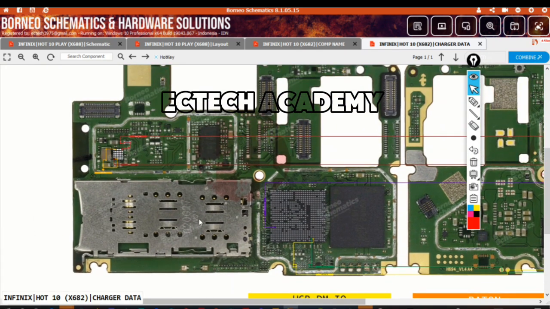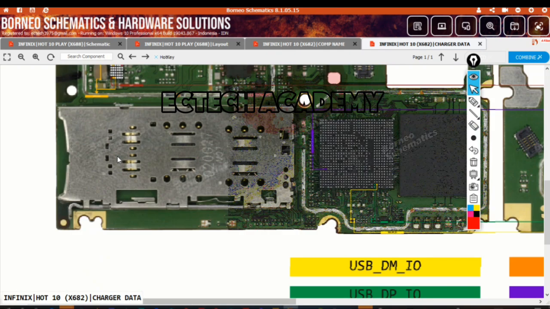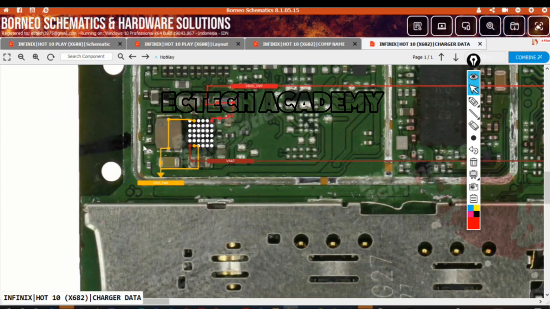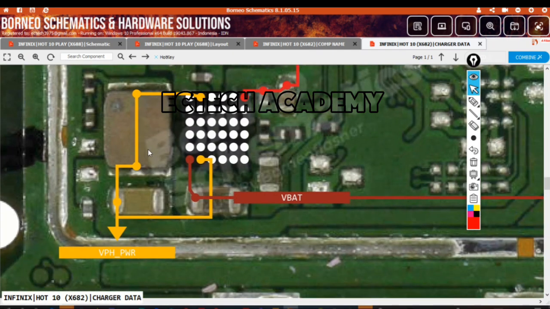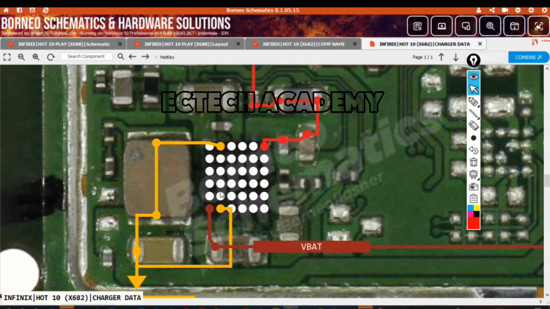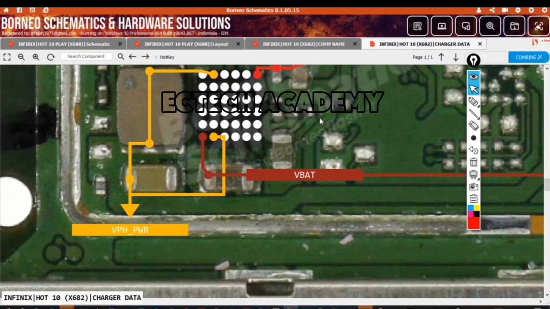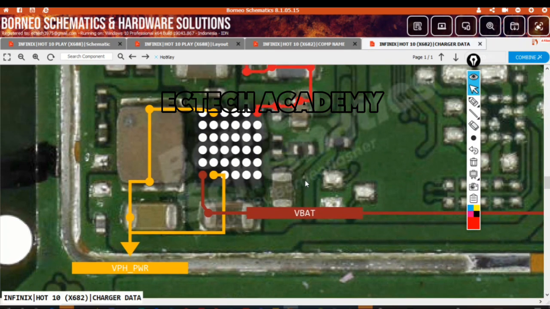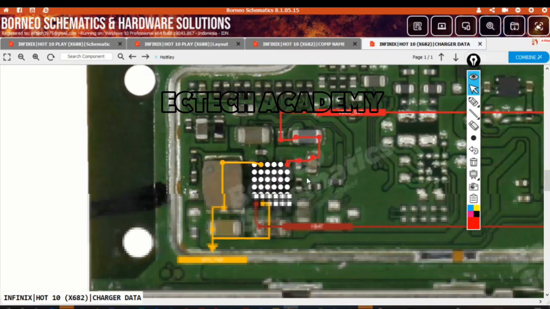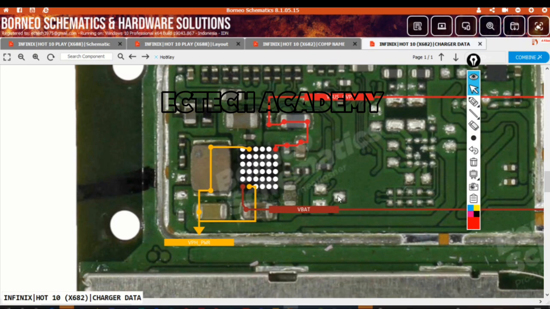Okay, vbat, you are finding a vbat, you are finding the vbus. So that's how to trace. Okay, all right, so in pro level tracing, with the one you learn on the EasyTech channel now as a basic level for tracing a charging fault, you will be solving some common problems.